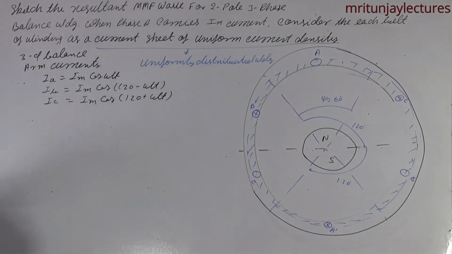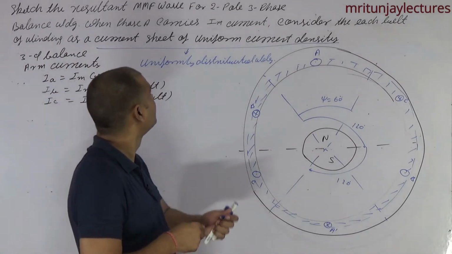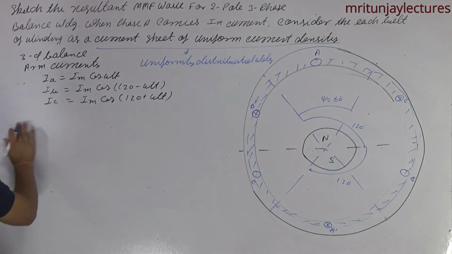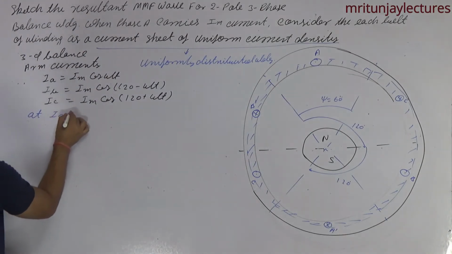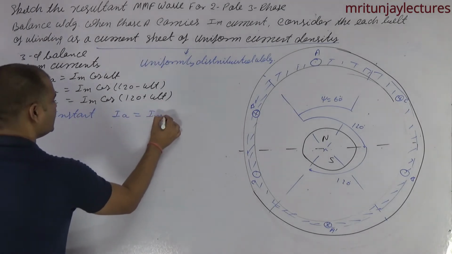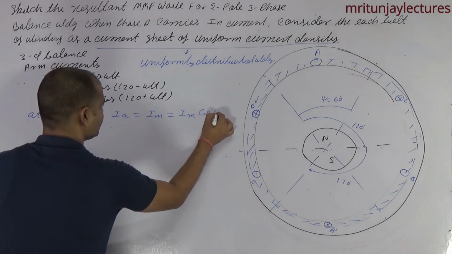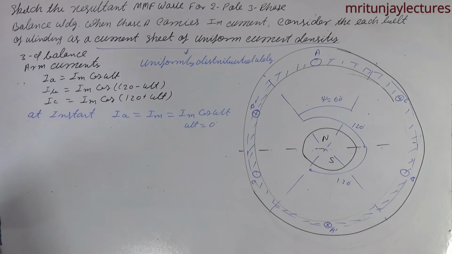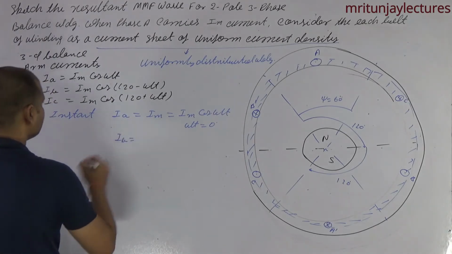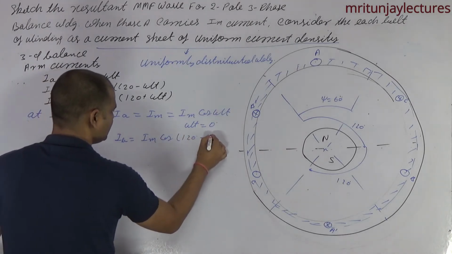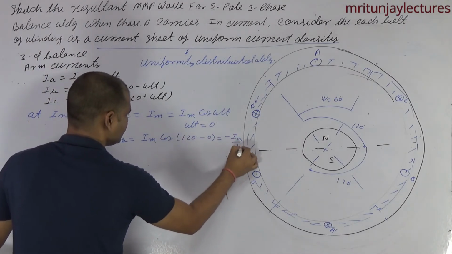Now corresponding to the question, when phase A carries Im current, at that instant IA is equal to Im cos omega t, meaning omega t is equal to 0 degrees. At that time, what about IB? IB is Im cos 120, which is minus Im by 2.